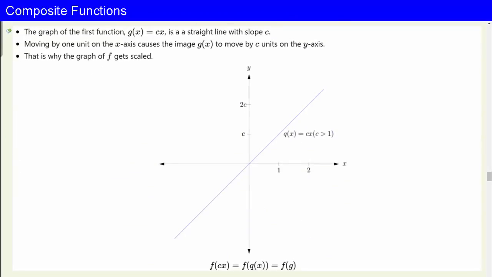A sketch of the two functions which make up the composite shows us what is happening. The graph of the first function, g of x equals cx, is a straight line with slope c. So moving by 1 unit on the x-axis causes the image, g of x, to move by c units on the y-axis. It is this argument that the function f sees, and that is why the graph of f gets scaled.